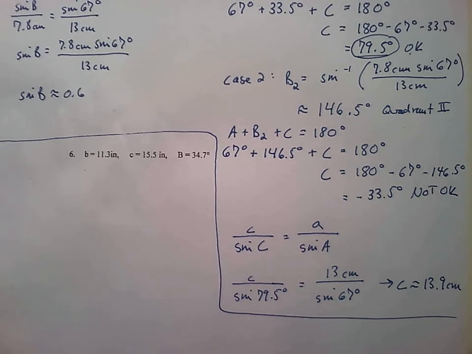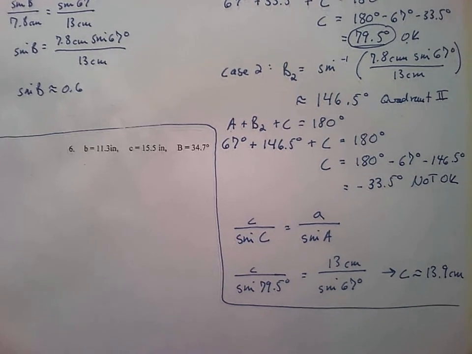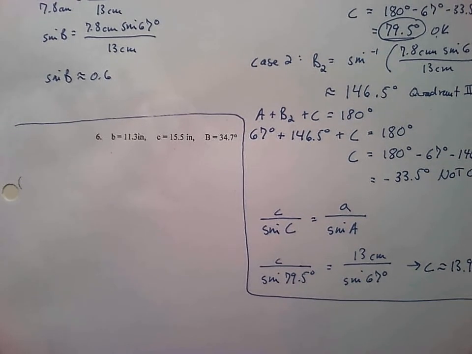Alright. In question number 6, we're going to practice the exact same thing that we've practiced in question number 5. So what I would highly recommend is that you pause the video here and try number 6 by yourself.